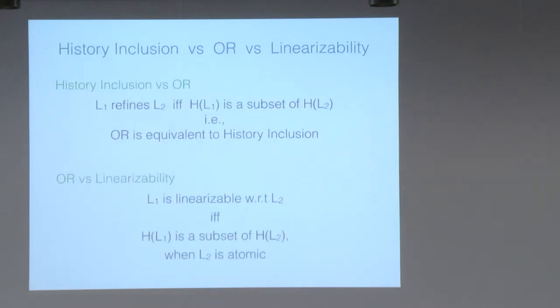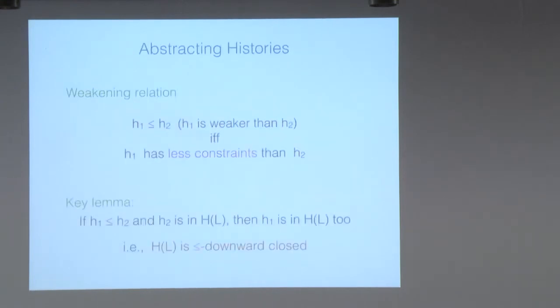Now here, you look at these histories as orders, and you weaken them. Initially they are interval orders, and what we are going to get when we weaken them are also interval orders, which are weaker.